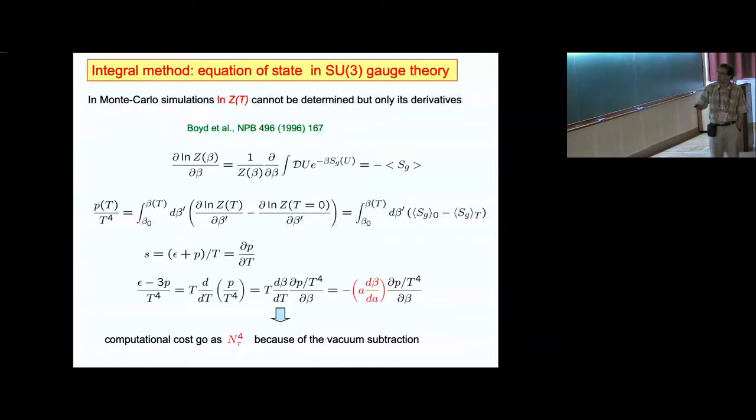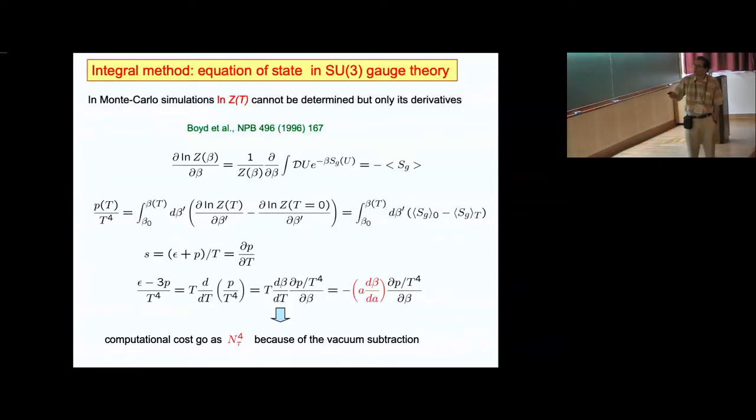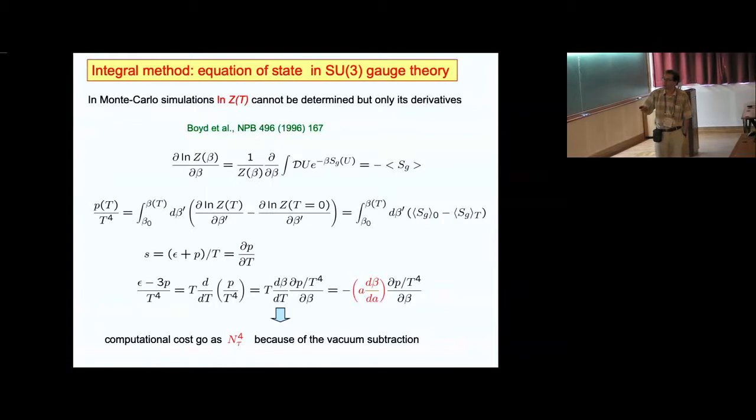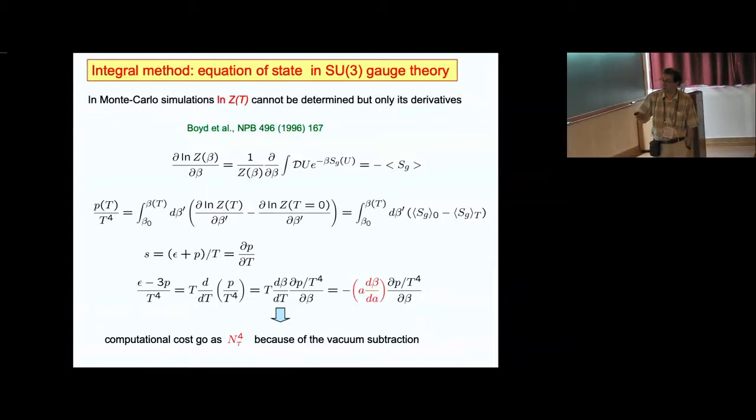Since you're calculating the derivative, for example, when you calculate the trace anomaly, what you have to do is calculate the derivative of the pressure divided by T to the fourth with respect to the temperature.